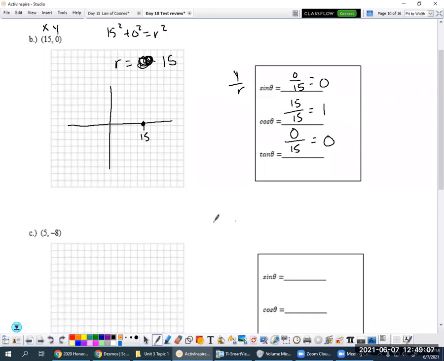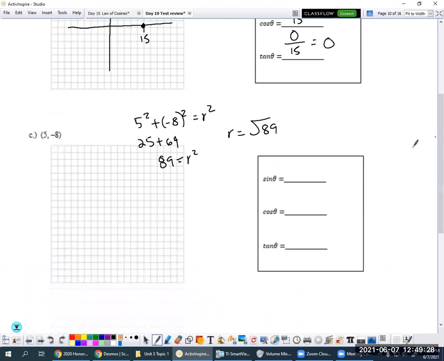And then our last one, same thing, X squared plus Y squared equals R squared. 25 plus 64 is 89. So R is the square root of 89. You don't even really need to sketch this. I mean, it's in the fourth quadrant, like right 5 down 8.